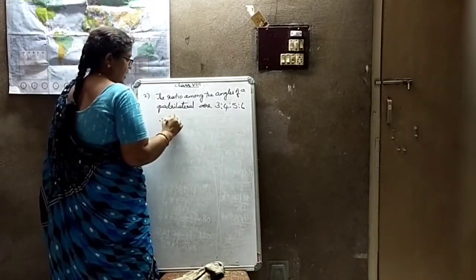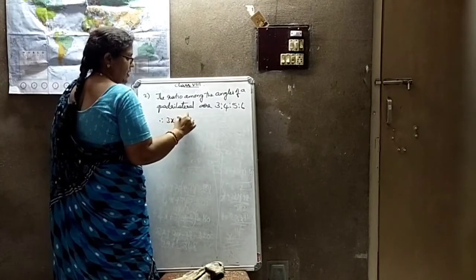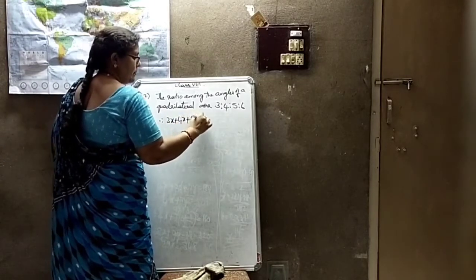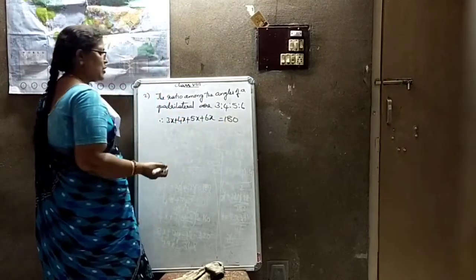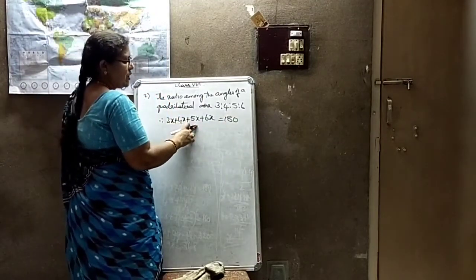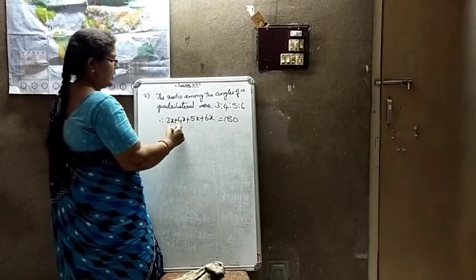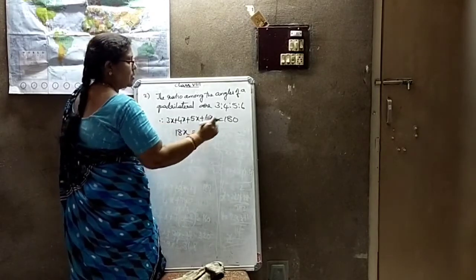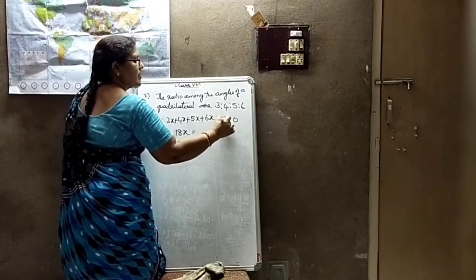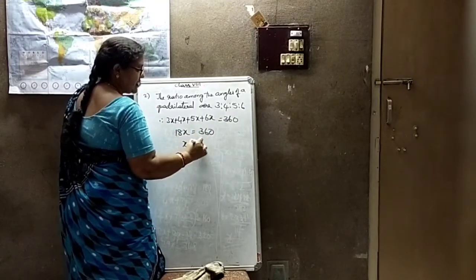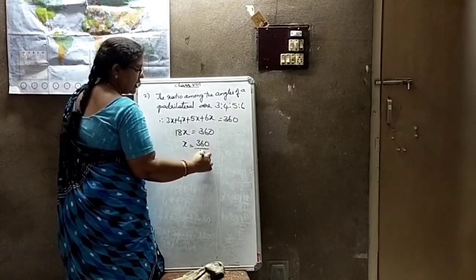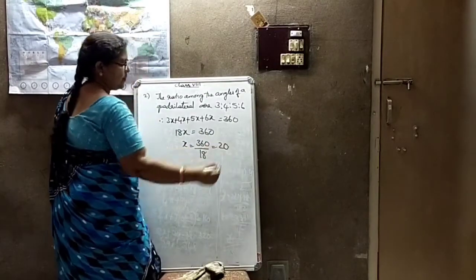Therefore, 3x plus 4x plus 5x plus 6x is equal to 360. Find the angles, that is the question. So 7 plus 5, 12, 12 plus 6, 18. So 18x is equal to 360. So x is equal to 360 by 18, nothing but 20.